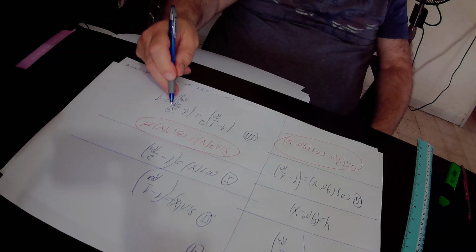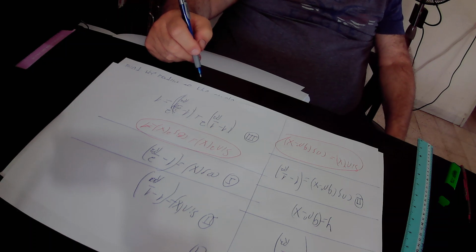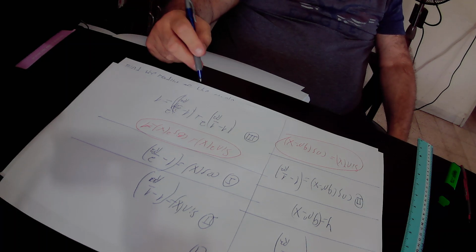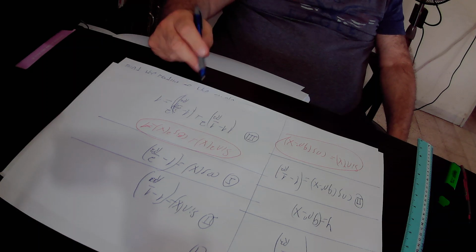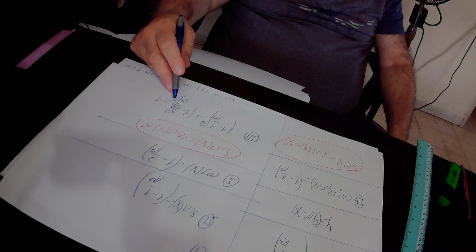Actually, it is allowable to multiply anything by 1, because by multiplying any expression by 1, you don't change the value of the expression. So here we have 1 and minus 2 times 1 over r squared, and 1 over r squared is t, so we substitute 1 over r squared by t.